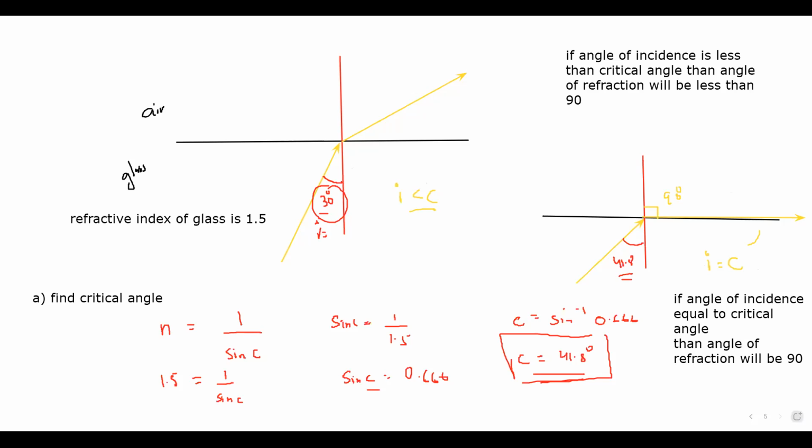if you have a surface and the light strikes, as this is a continuation of the previous example in which we worked out the critical angle. The critical angle was 41.8. And now the angle of incidence is 43.